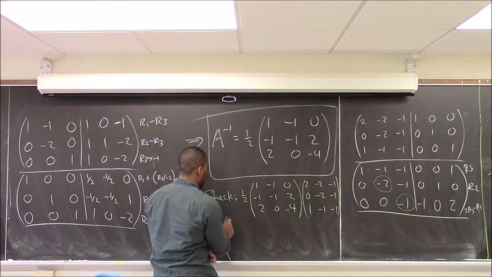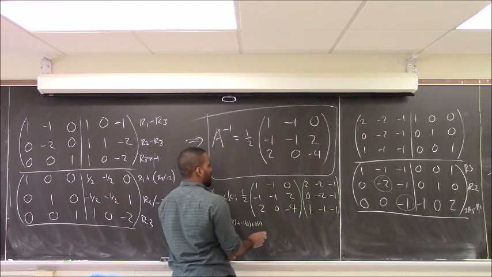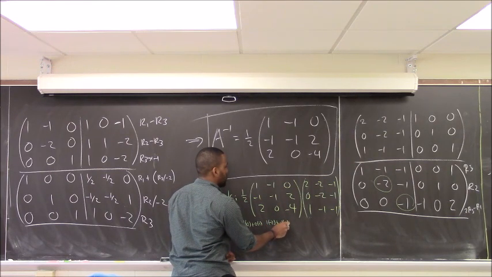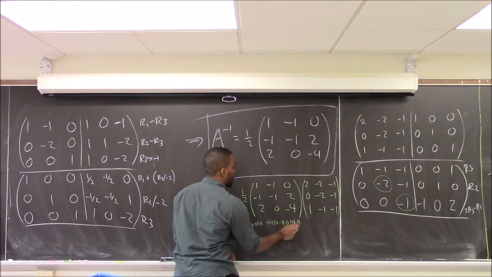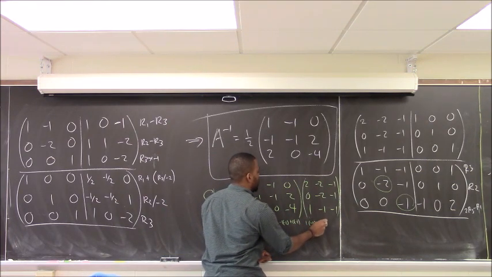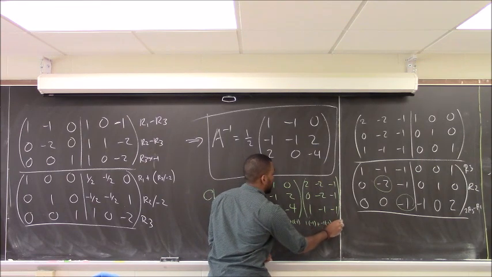1 times 2 plus minus 1 times 0 plus 0 times 1. Then we're going to have 1 times minus 2 plus minus 1 times minus 2 plus 0 times minus 1. Then we're going to have 1 times minus 1 plus minus 1 times minus 1 plus 0 times minus 1.